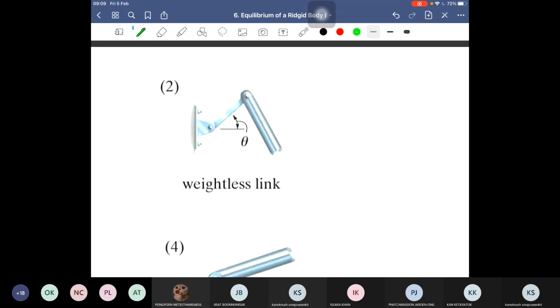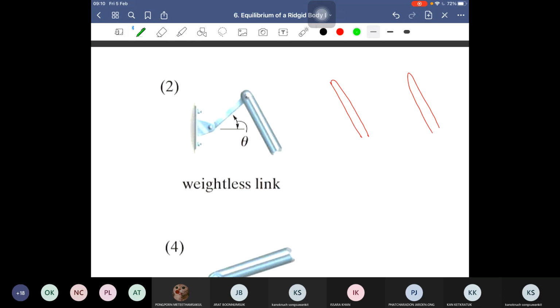The next one is a weightless link. Suppose that this link is mechanically weightless. So the reaction force of the link can be both push or pull. It depends on the system. So for the free body diagram, we have to free this link from the support. We have one unknown force, and the reaction force must act along the axis of the link.